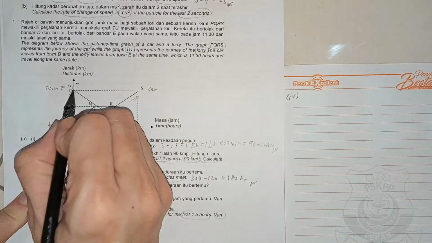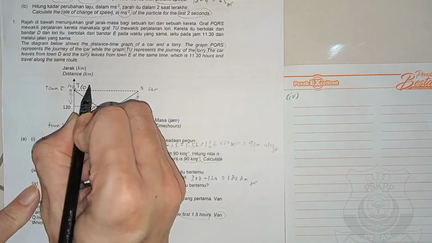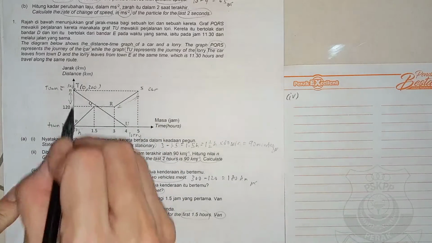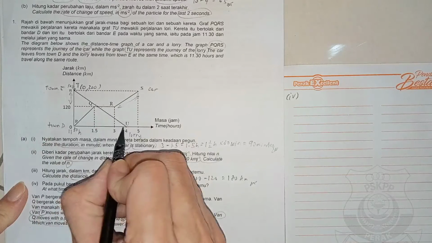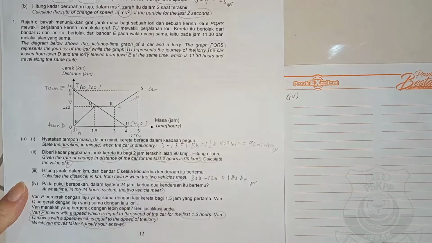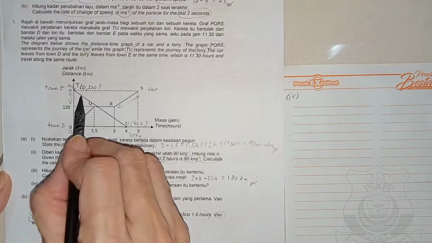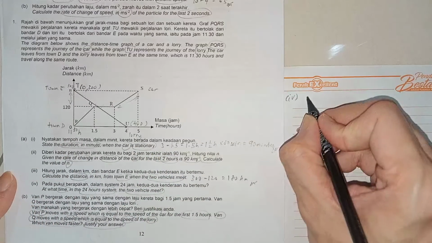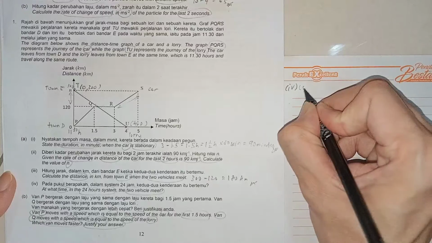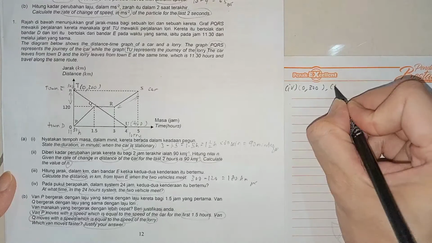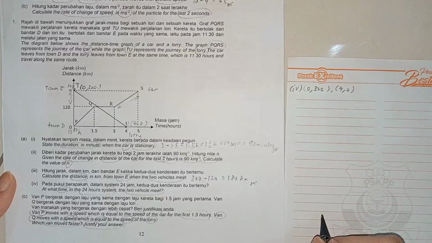Okay, that means let's say this is 0, 300. I use gradient. This is 0, 300, here is 4, 0. To these 2 points I can find the gradient.